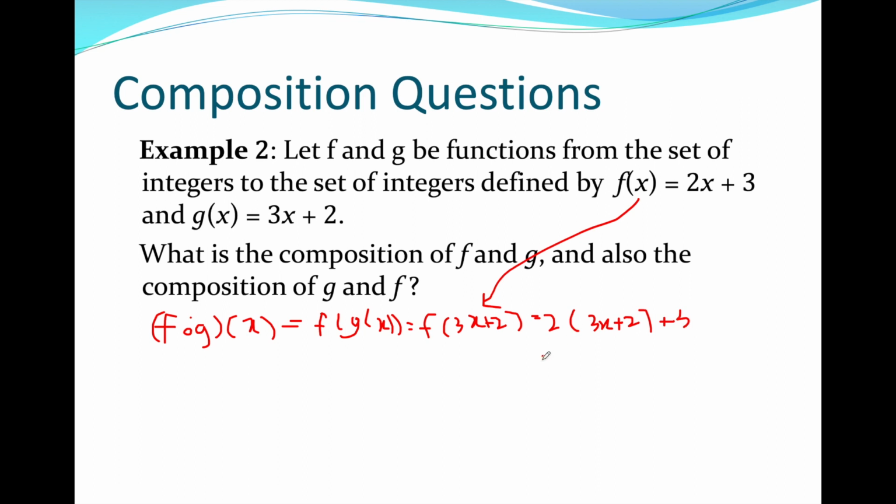So now we will get 6x plus 4 plus 3, equal to 6x plus 7. Right? And you can try the g ∘ f here.